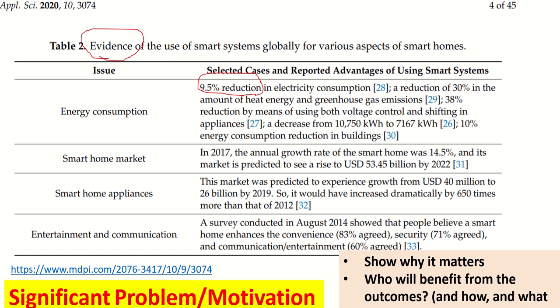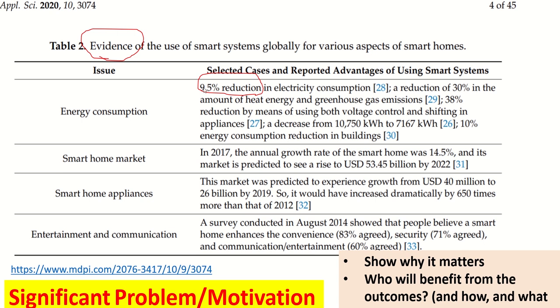So here you can see a couple of evidence and examples of topic related to smart home. So you can see the issue is energy consumption, but this can be reduced by implementing a specific technology or a specific strategy in different contexts.